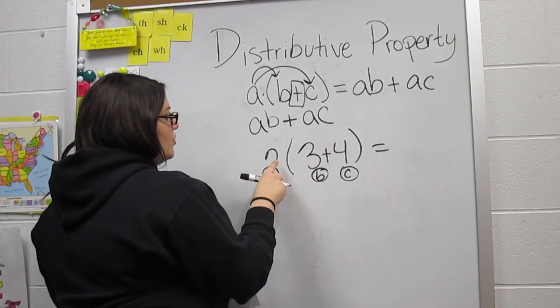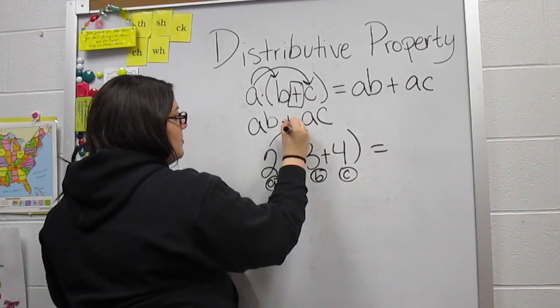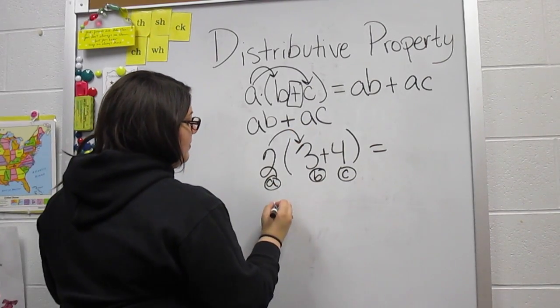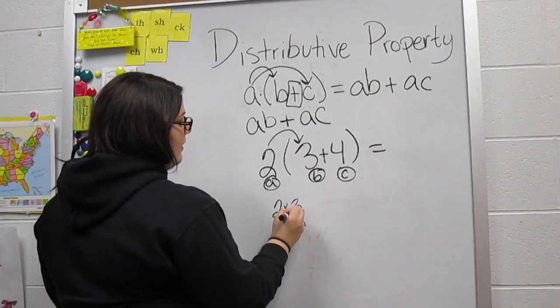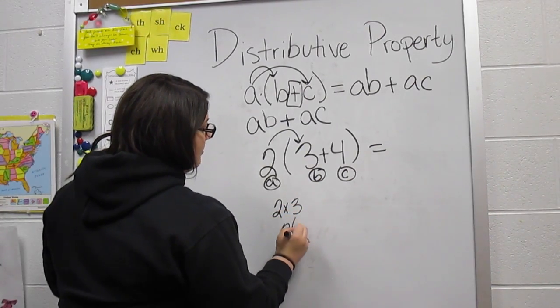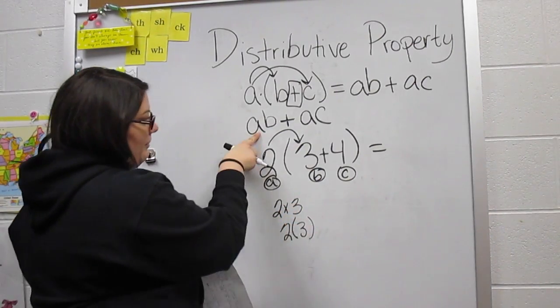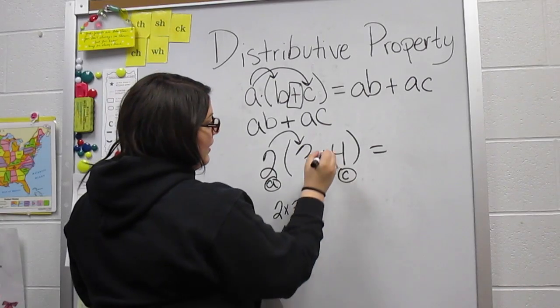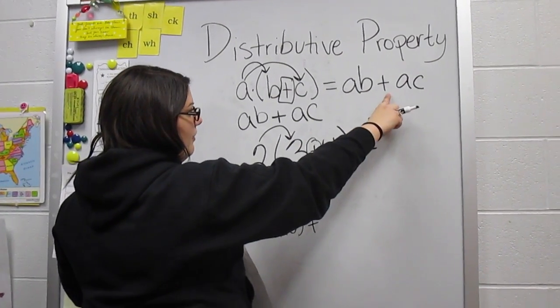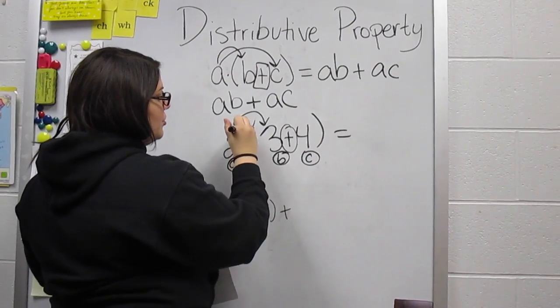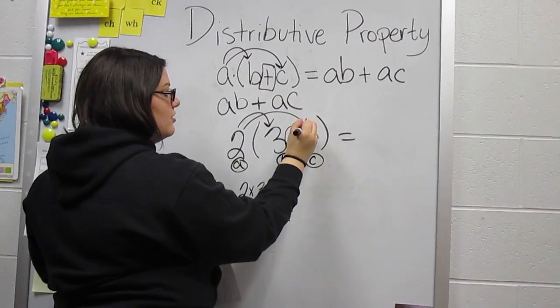So 2, we want to distribute that to 3. So that would be 2 times 3, okay? Or 2, we can put in parentheses 3 to kind of make it look this way. And we want to keep our addition symbol. We put the A and B together, now we have the addition symbol.